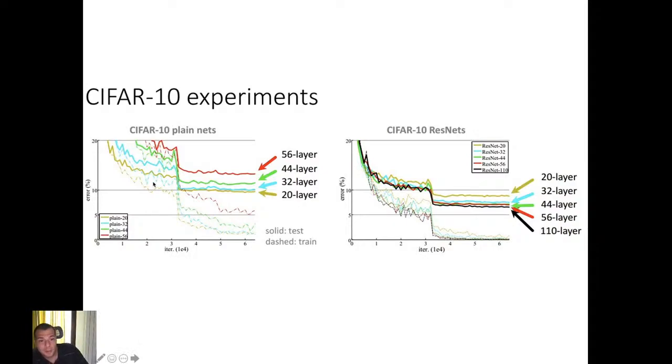So when they added their residual blocks, they observed that you can still increase the depth of the network and obtain better error rates on the training. So your model is more complex and can overfit to the training, but this is not only overfitting, the error also decreases on the validation.